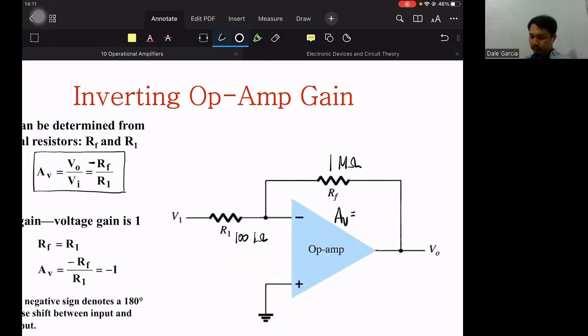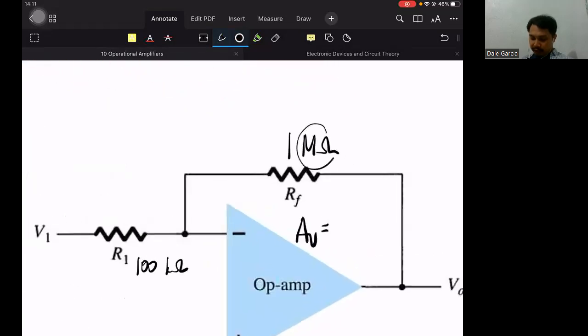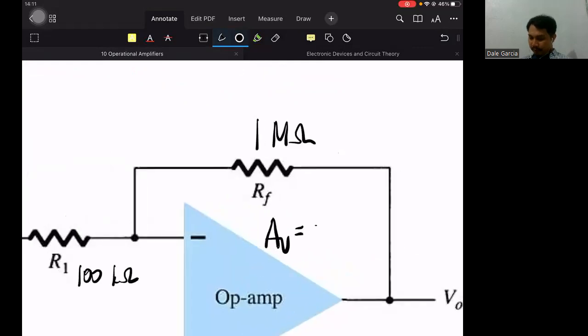Negative 10,000, sir. 10,000? It's mega ohm over kilo ohm. 1 million divided by 100,000 is negative 10. Very easy.